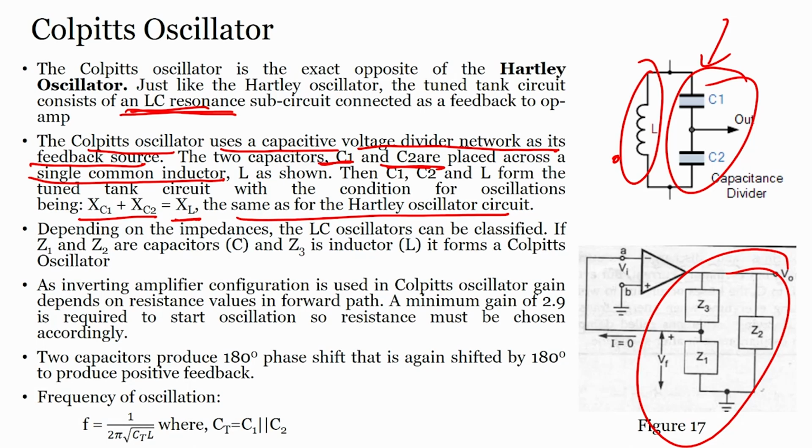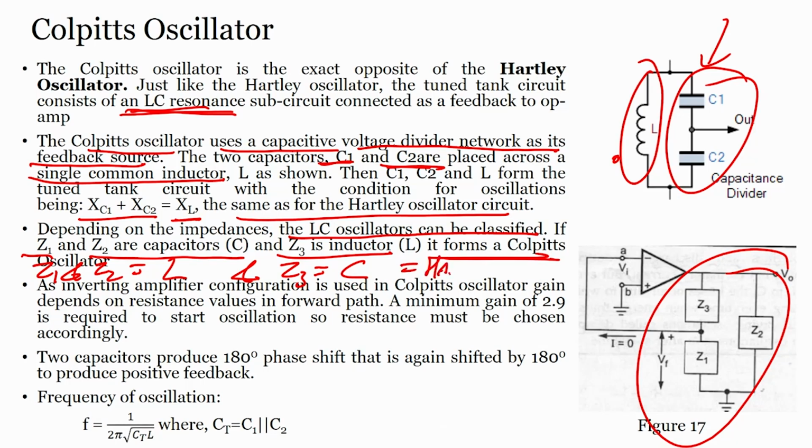Now, depending on the impedance, the LC oscillators can be classified. If Z1 and Z2 are capacitors and Z3 is an inductor, it forms the Colpitts oscillator. I have told you earlier also that if Z1 and Z2 are inductors and Z3 is a capacitor, then it becomes the Hartley oscillator.